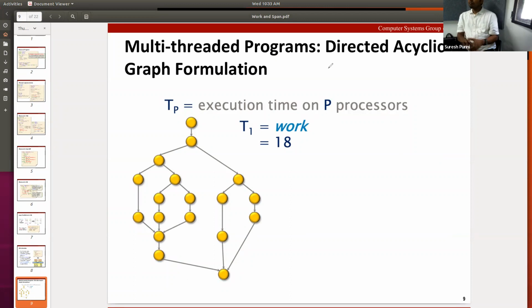If you have a multi-threaded program, or even if it is not parallel, you can look at the computations in the program by constructing a directed acyclic graph.